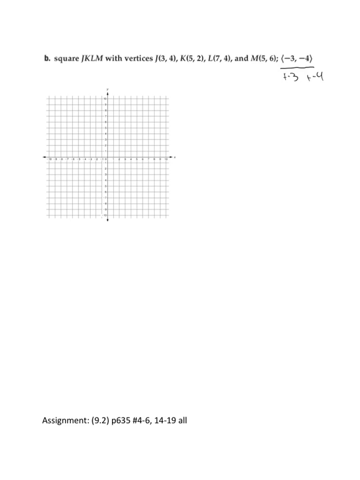Okay, so let's graph JKLM. J is at (3, 4). K is at (5, 2). L is (7, 4). And M is at (5, 6). So J, K, L, and M. And I'll do my best to give us a straight line here.